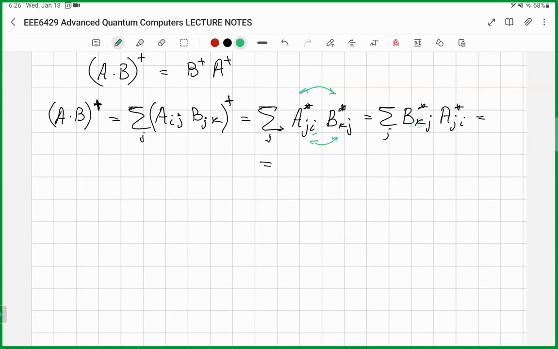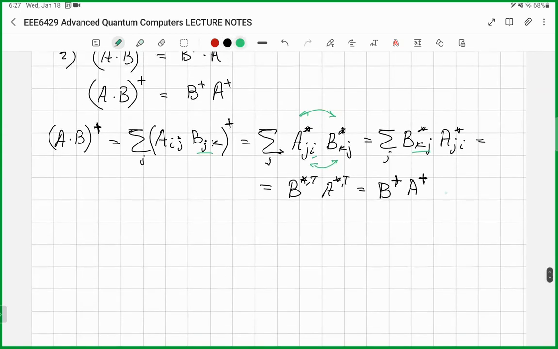In this matrix, the indices are KJ, but the initial matrix had indices JK. So we transpose the matrix, right? So the result is B matrix complex conjugated and transposed, and A complex conjugated and transposed, and both of them are a Hermitian conjugation. So this is B dagger A dagger. This is the proof of this property above.